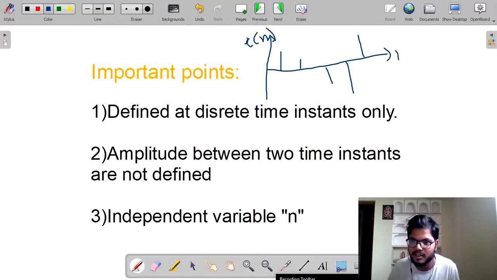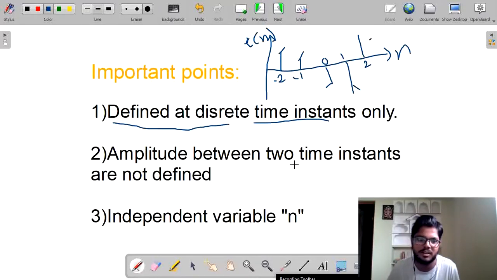Assume n as -2, -1, 0, 1, 2. Listen carefully, it is defined at discrete time instances only. At -2 the signal is defined, at -1 defined, at 0 defined, at 1 defined, at 2 defined. In between these the signal is not defined.